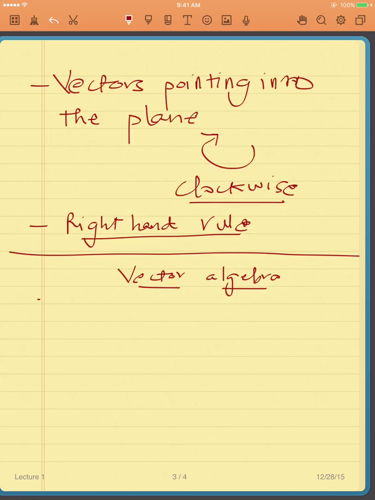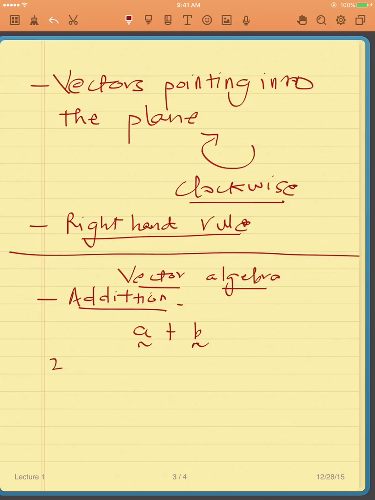So let's start with vector addition, right? There are two methods that are commonly used for adding vectors. So let's say you have a vector A and a vector B. Addition of two vectors is represented as you've seen with scalars: you just use the plus sign between them.